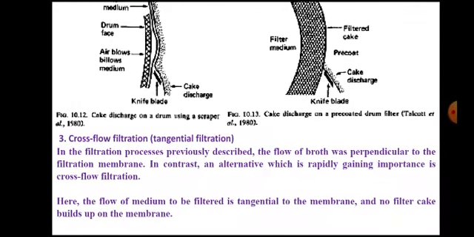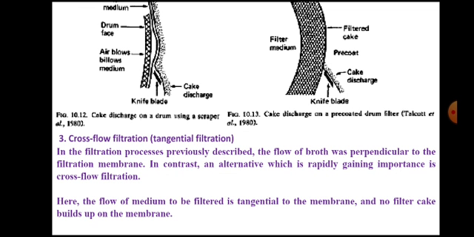In the filtration processes, as we have seen earlier, the flow of the broth was perpendicular to the filtration membrane. In contrast to that, an alternative which is rapidly gaining importance in several industries is cross flow filtration. The advantage of cross flow filtration is that it prevents the formation of filter cakes.